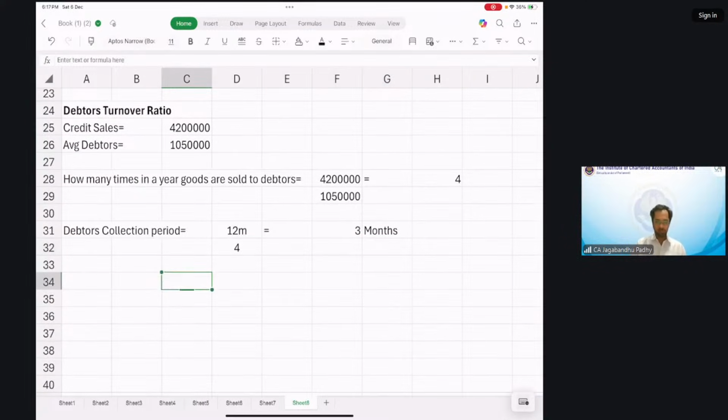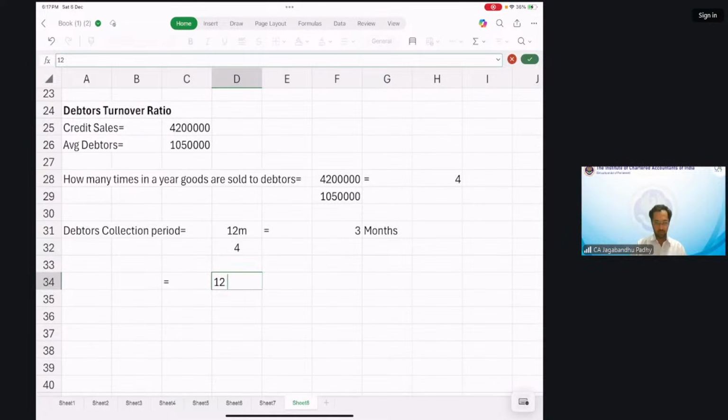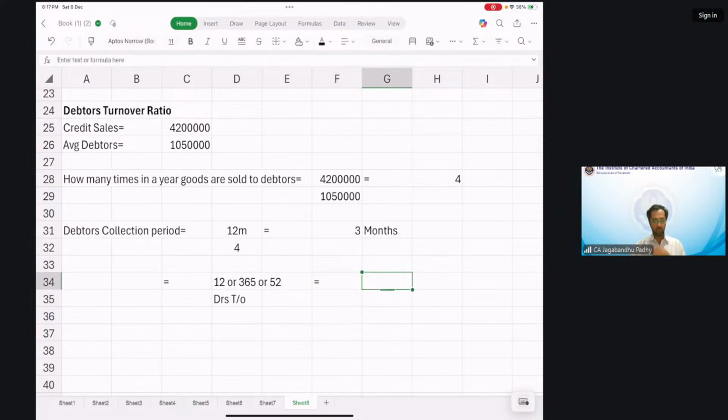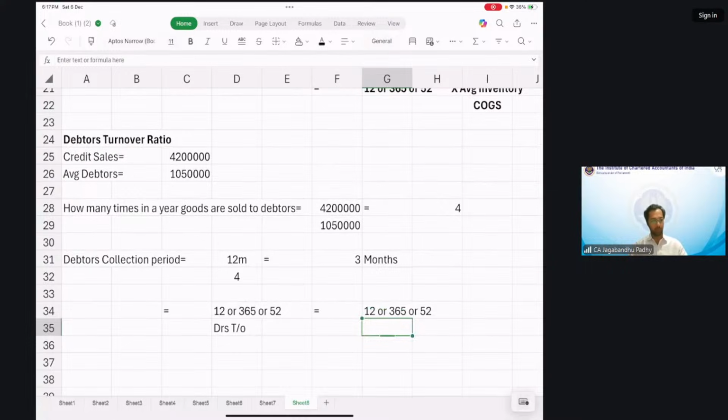Or I can also say that formula wise it is 12 or 365 or 52 divided by debtors turnover. Then of course the numerators are the same. Now debtors turnover, we didn't write the formula by the way. So how do we get the debtors turnover by formula, guys?